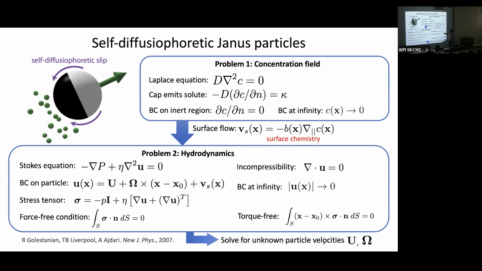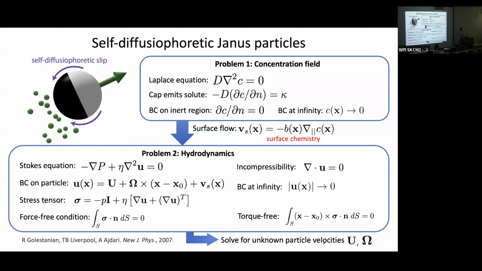And the inert region is impenetrable to solute, to the reaction product. You can solve this easily. You can get the slip and then feed it into the squirming problem and get the velocity in the flow field. Of course, there are variations on this. You can always make it more complicated, but this is the simplest model that was developed by Golestanian, Liverpool and Ajdari in 2007.